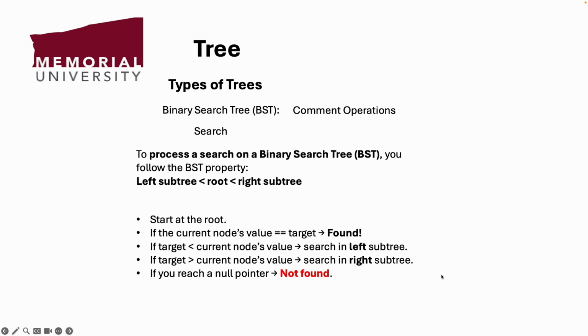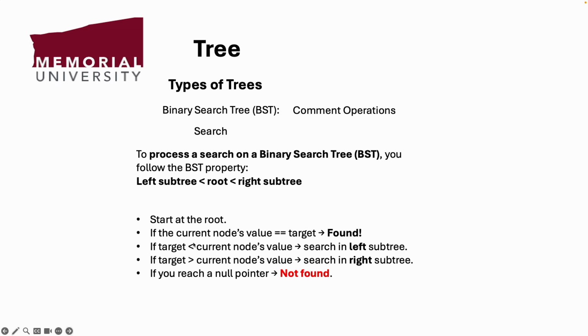If you finish the entire search and reach a null pointer, it means you couldn't find the target value. It's not found, so the search returns false. Nothing was found for the target value. Based on this logic, compare this with a general binary tree search.